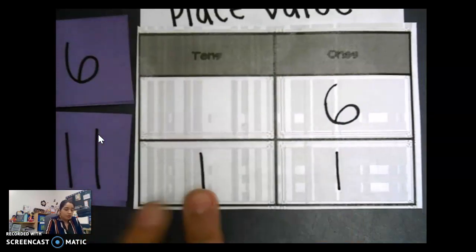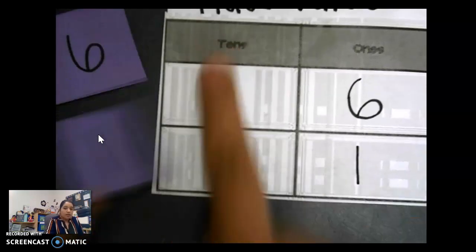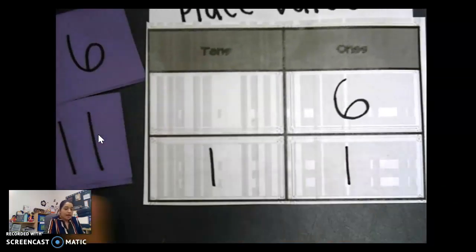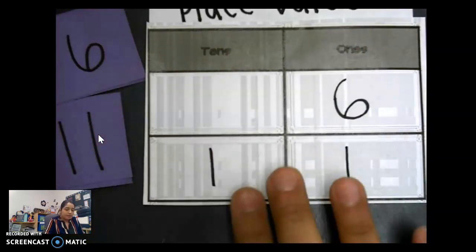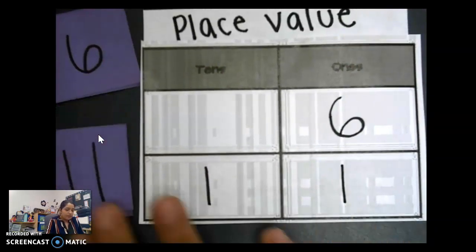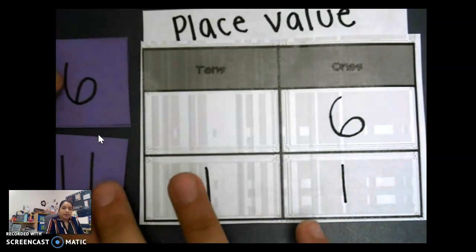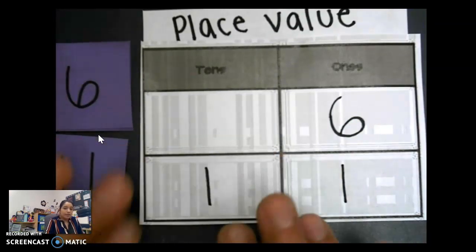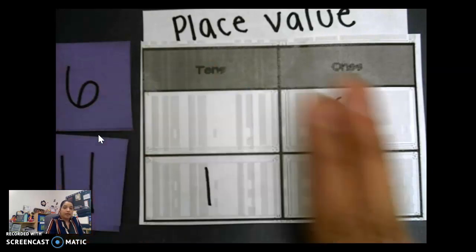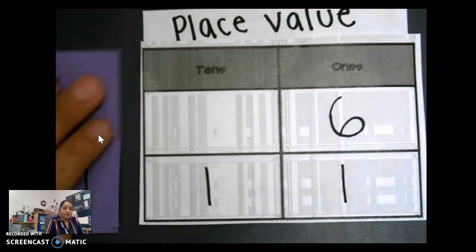So this lets us know that 11 has 1 ten and 1 one. Just like this. So the place value chart helps us see how many tens and how many ones are in a number.